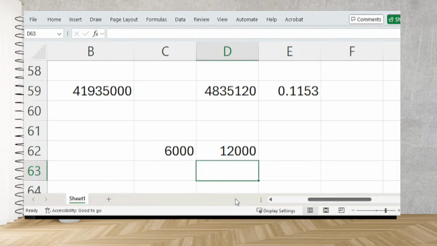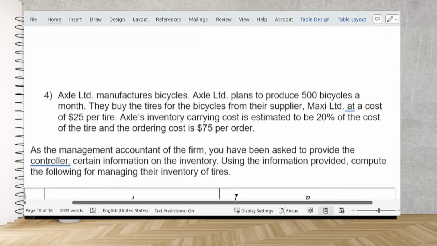And 20% is the carrying cost per tire. So 20% multiplied by $25 equals $5 per tire. Just step by step. 12,000 is your annual demand, and then the ordering cost is 75 per order.